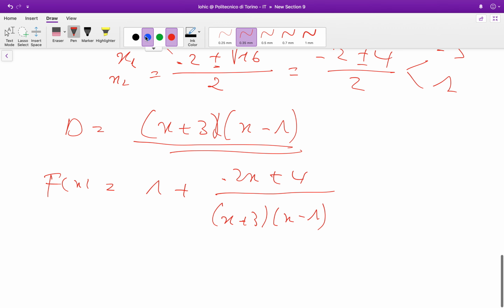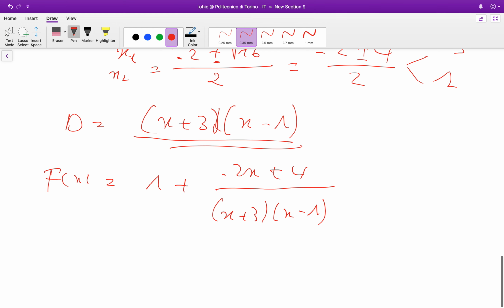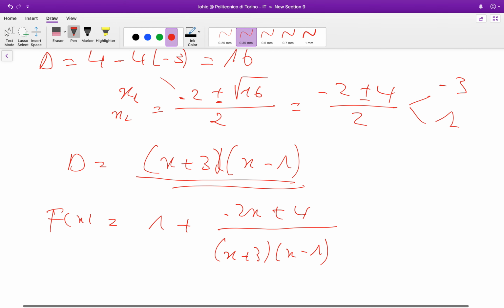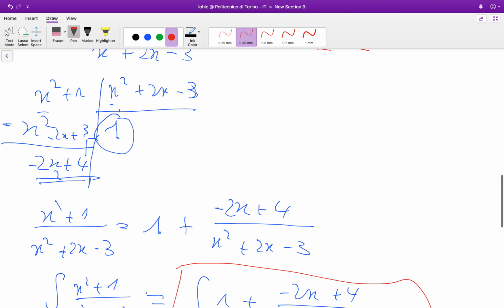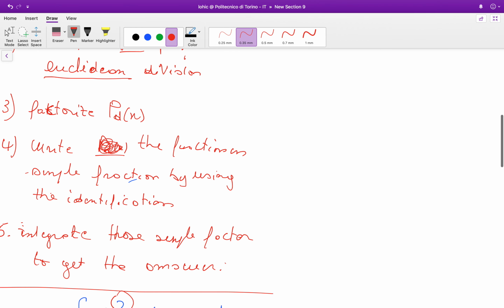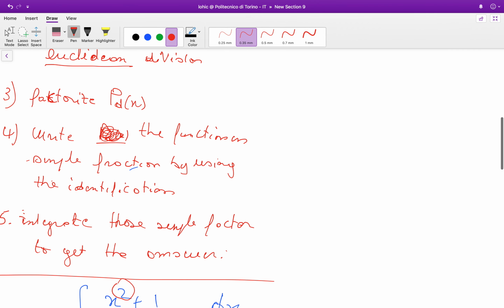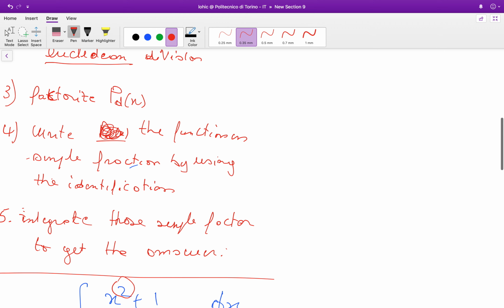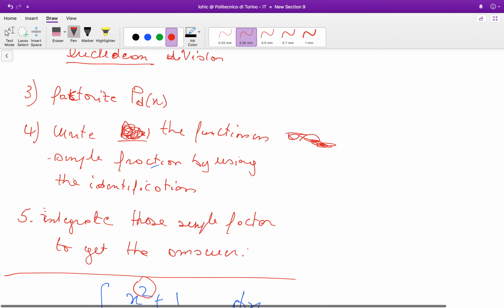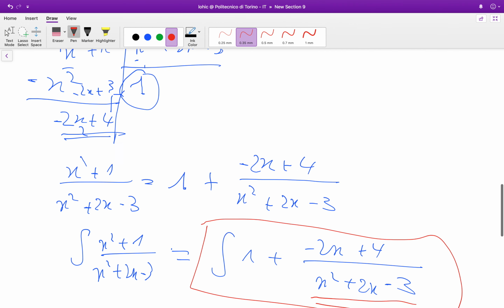Now we have factorized the denominator. The fourth step says please write the function as simple factors, as simple factors by using the identification.